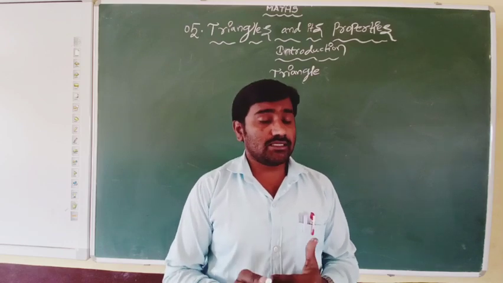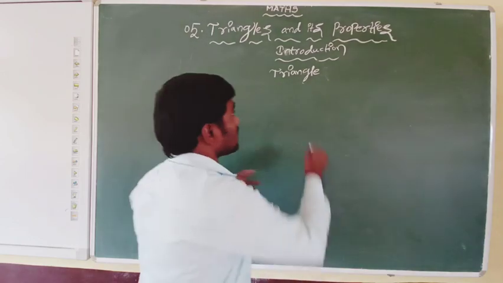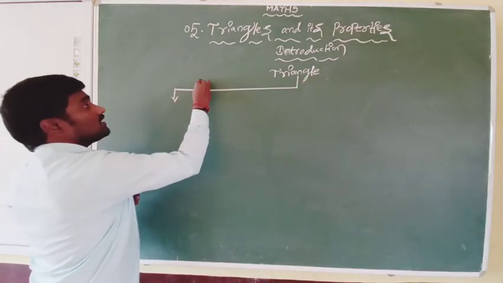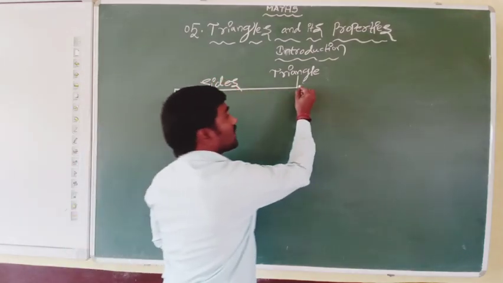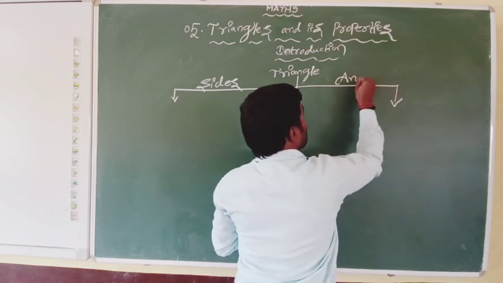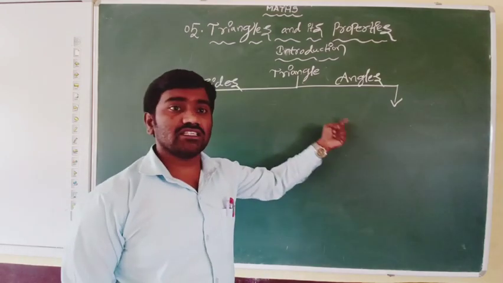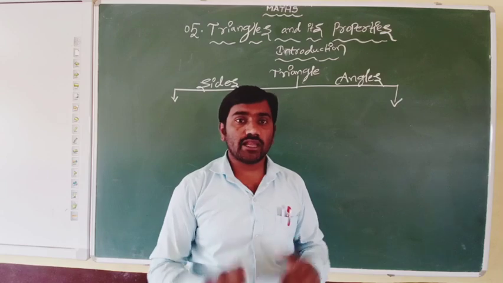So, based on the sides and based on the angles of a triangle, these triangles are classified into two categories.